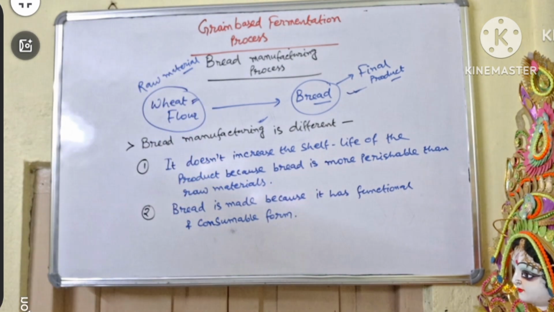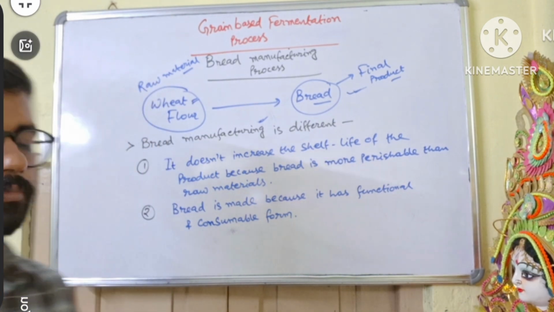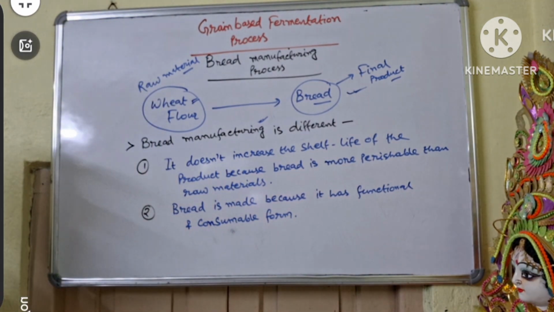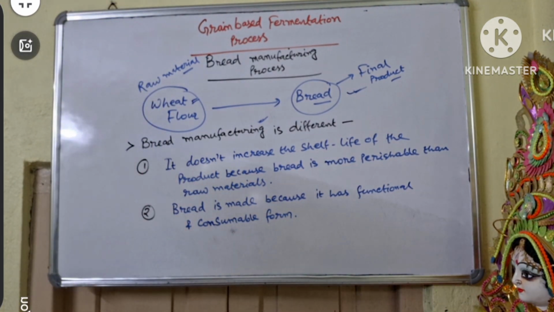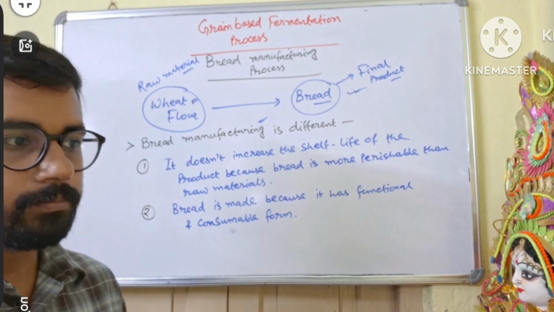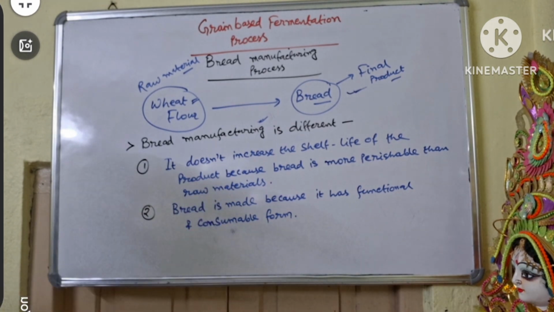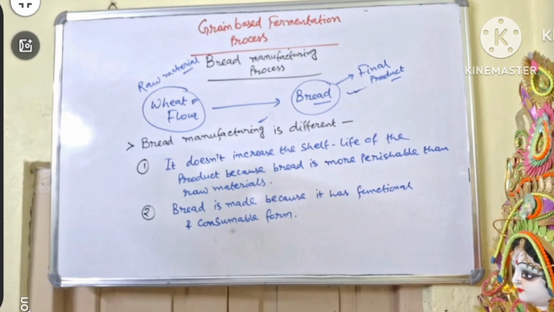Correct? Bread can be consumed, but wheat grain cannot. That is why you have to make some functional product out of wheat grain. The initial part is clear.